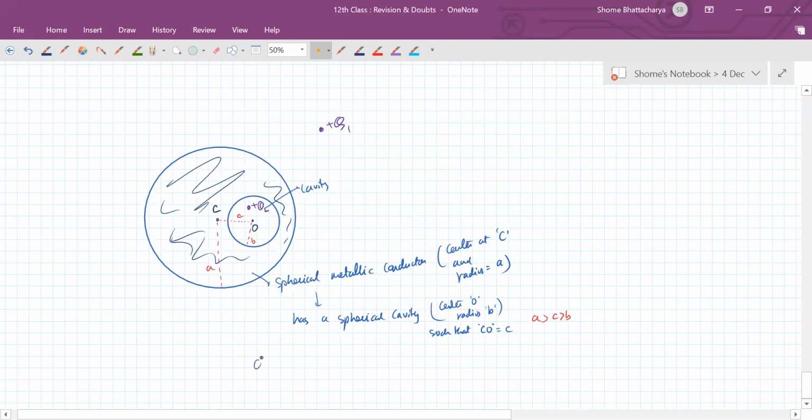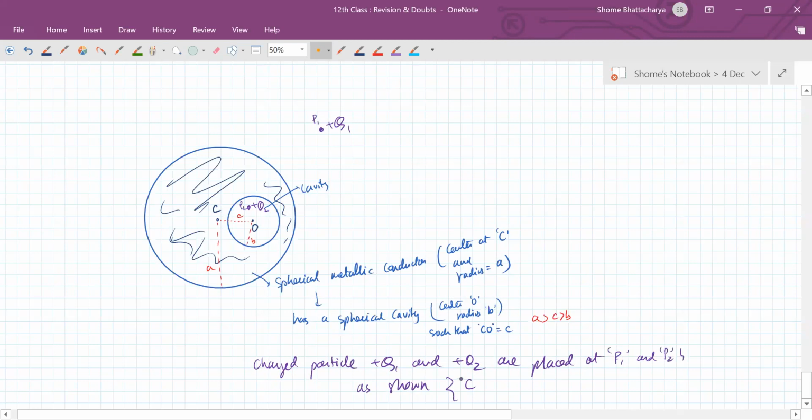So charged particles plus Q1 and plus Q2 are placed as shown, such that the distance from C to P1 is 3a, and the distance from O to P2 is equal to B by 2.